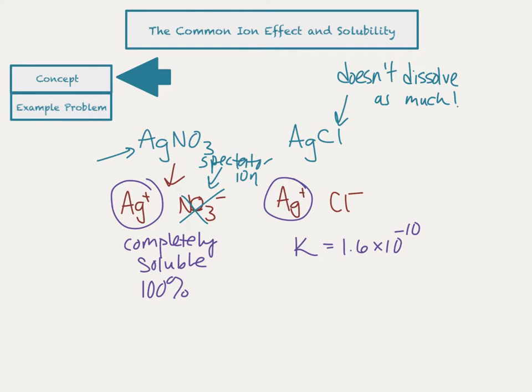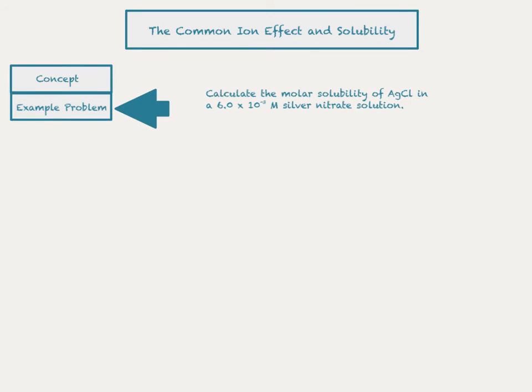Now let's do a practice question that I found in your textbook. In this example, we are asked to calculate the molar solubility, where we usually use the letter S to represent that, and the units will end up being in molarity, for silver chloride in a 6.0 times 10 to the negative 3 molar solution of silver nitrate.